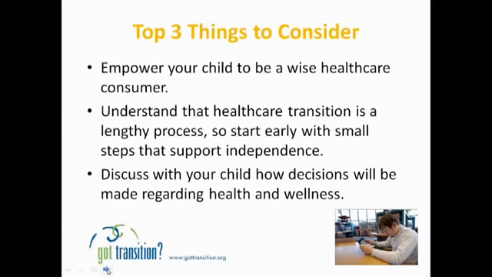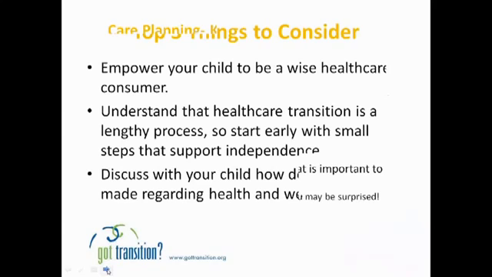In my family situation with Holly, she's nonverbal. That won't be the case with her. But with my other kids, they don't want me in the room when it gets to be some of those personal discussions about sexual activity, tobacco use, things like that. So we have to honor that on all fronts. As Dr. Laura said, transition is for all youth and includes youth with special health care needs, but we need to be sensitive to that.